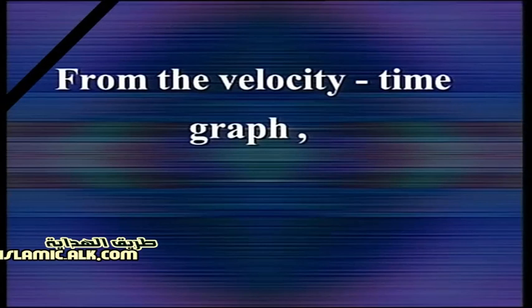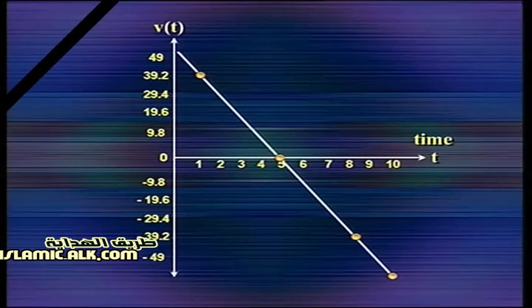From the velocity-time graph, look at the velocity-time graph. OX represents time t, OY represents v(t). Look at the velocity-time graph at t equals 5, v(t) equals 0. But when t equals 0, the maximum velocity is 49.